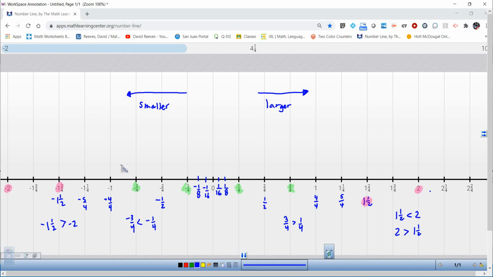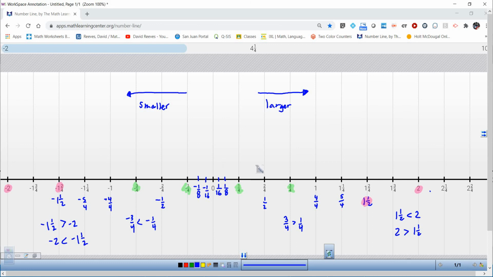As you go this direction, it gets larger. Or if I wrote it this way, -2 is smaller than -1 1/2. It's smaller because if you look at this arrow, it is further to the left.